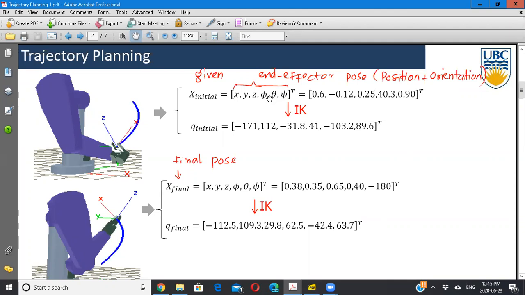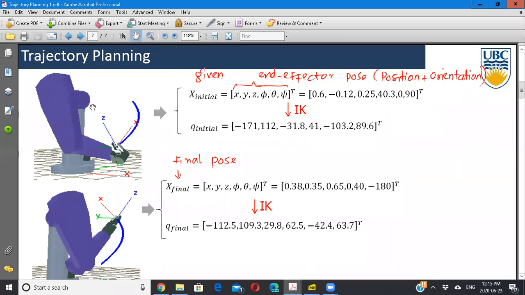They can be roll, pitch, and yaw, which means one is about x of the base frame, one is about y of the base frame, the green one, and one is about z, the vertical one of the base frame. Or they could be Euler angles. And we can represent this orientation by a rotation matrix as well. We just convert these three angles to a rotation matrix. But let's say this is given and the values are here 0.6.